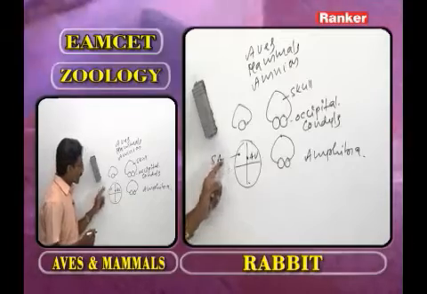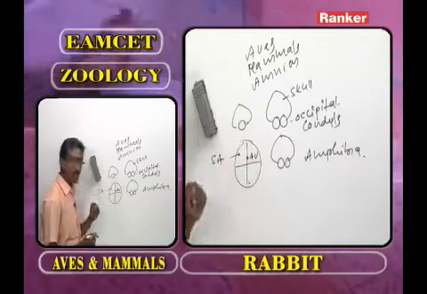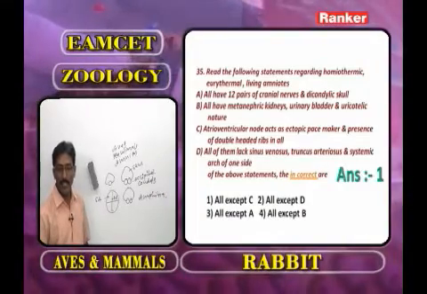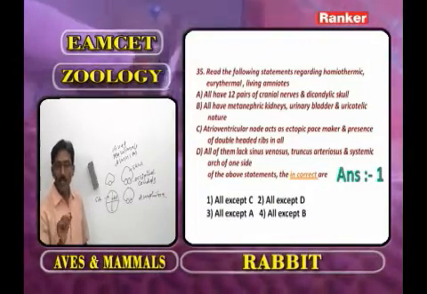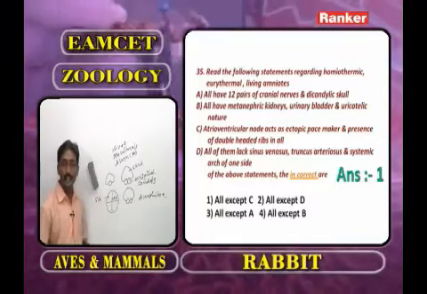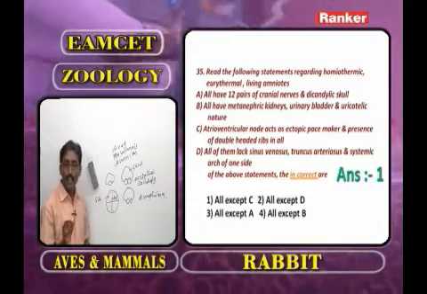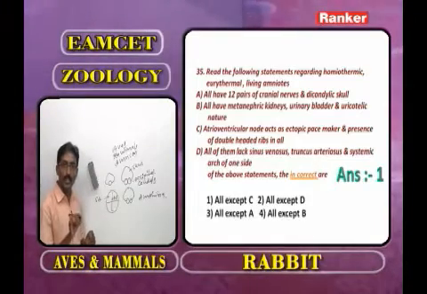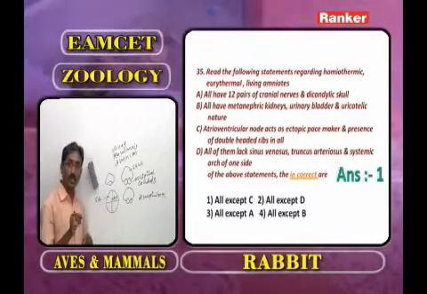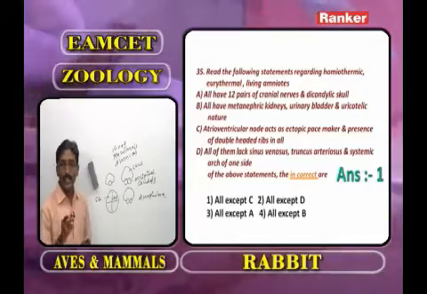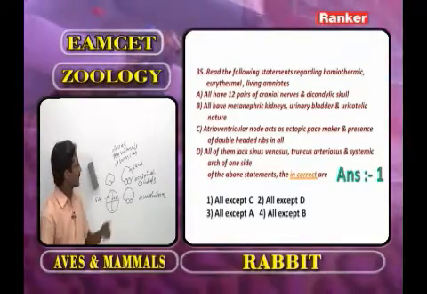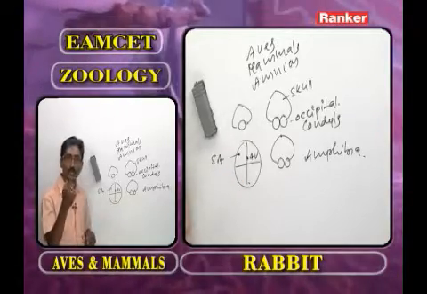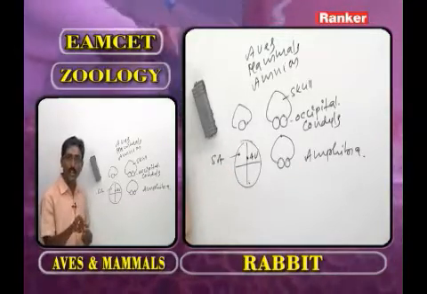So as we observe the third option, the atrioventricular node, that is the AV node, acts as ectopic. Ectopic means whenever the SA node is not working, the AV node works as a pacemaker. And presence of double-headed ribs. In aves and mammals, the ribs are double-headed. So the third statement is correct.